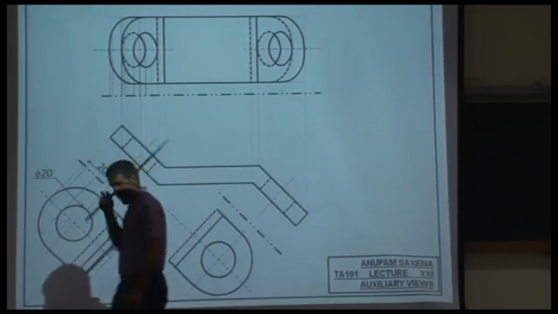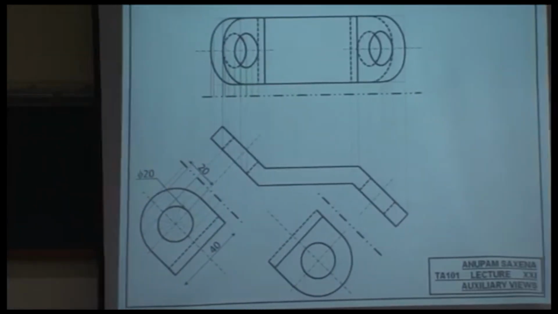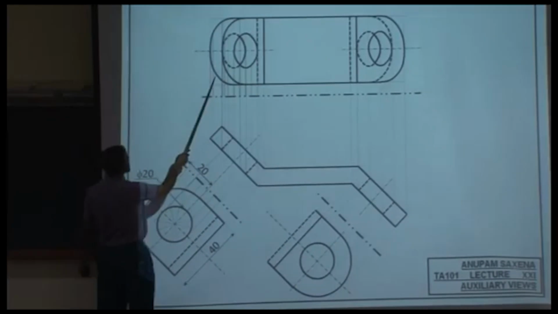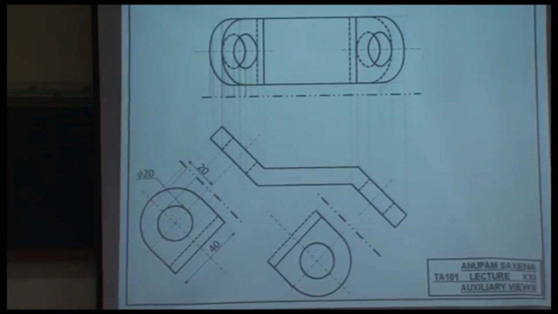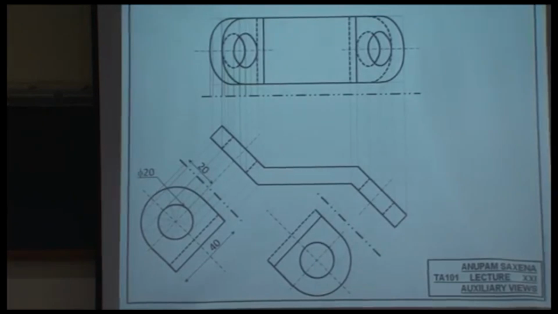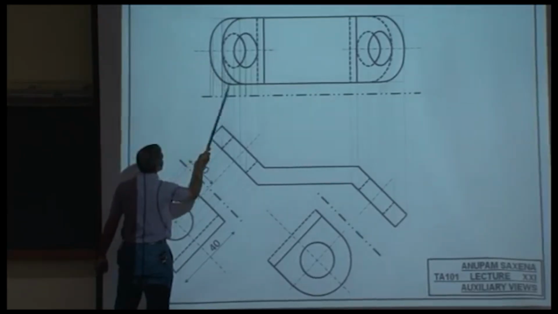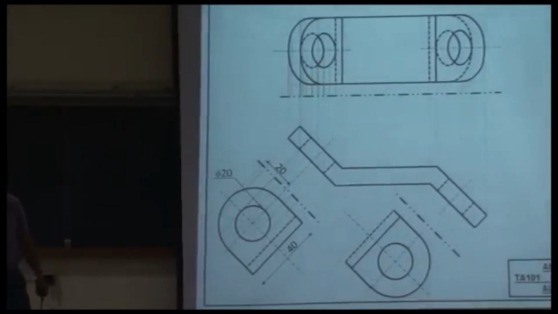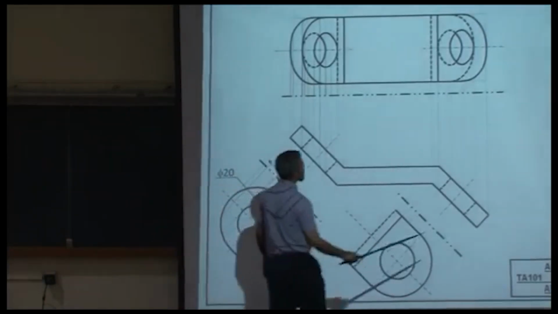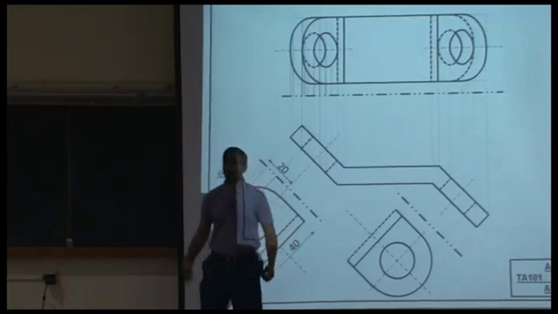Now you can do a smart thing. Observe the shape of this arc and the shape of this arc. What do you observe? Are they the same or different? They are the same. So if you get one arc, all you need to do is transfer the corresponding points over here by equal distances, and then get the other arc. Likewise from the other side. So once you get this arc, just shift this arc by some amount.